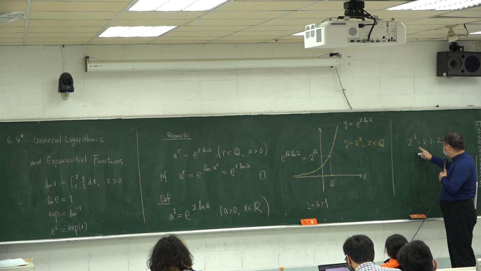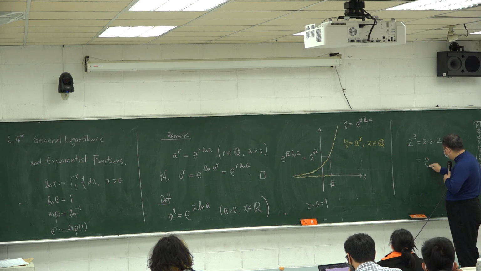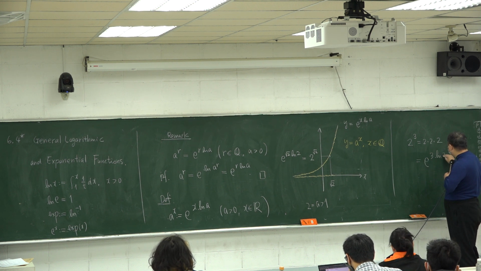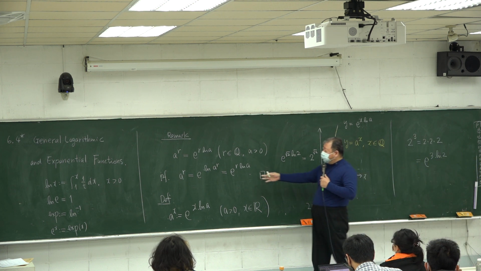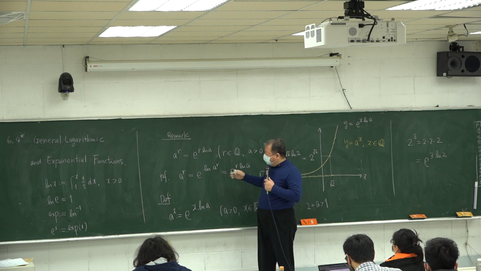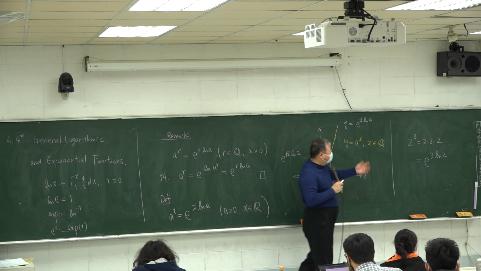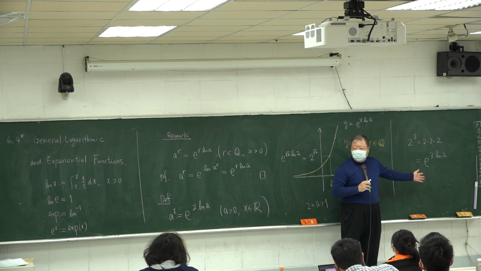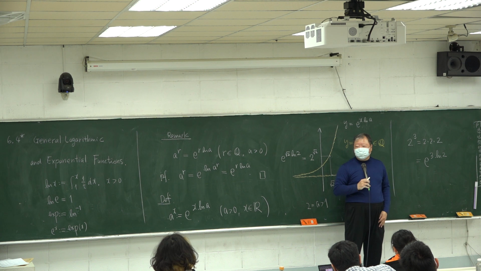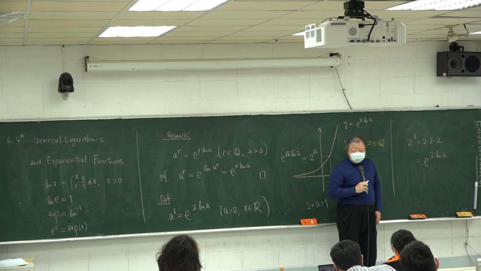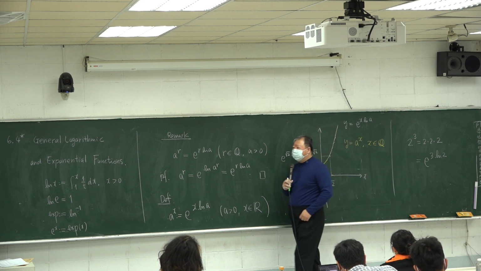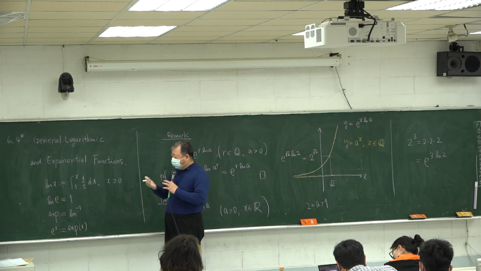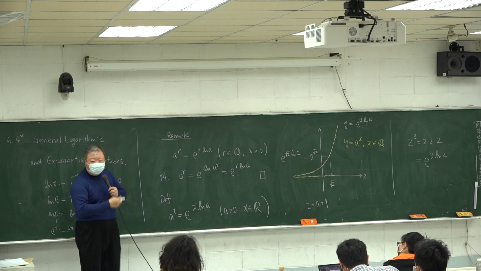On the other hand, this one equals e to the 3 ln 2. Same, because we put into this one. So we learn the exponential function in terms of the natural logarithmic function and the natural exponential function in a natural way, not beginning with counting on 10 fingers.